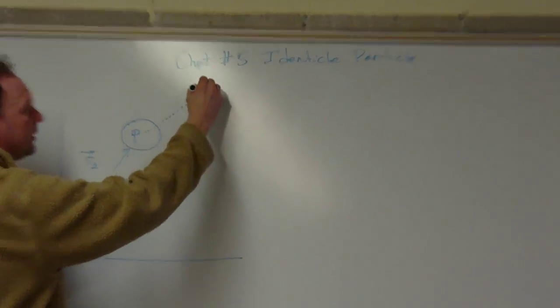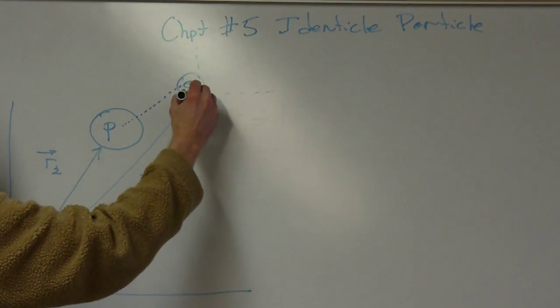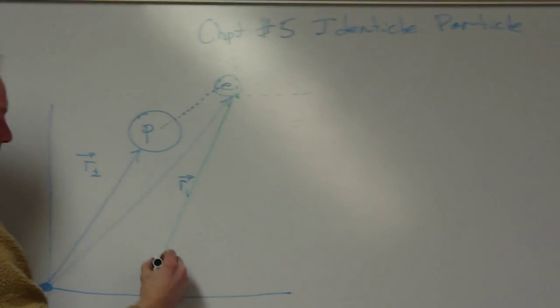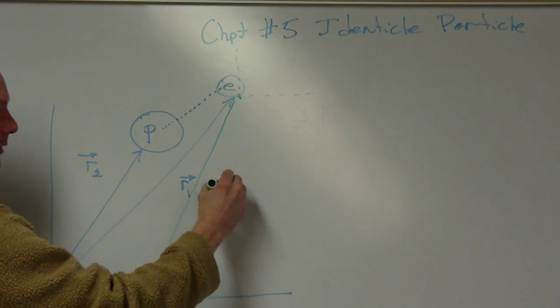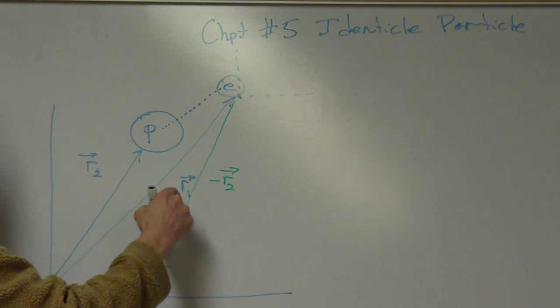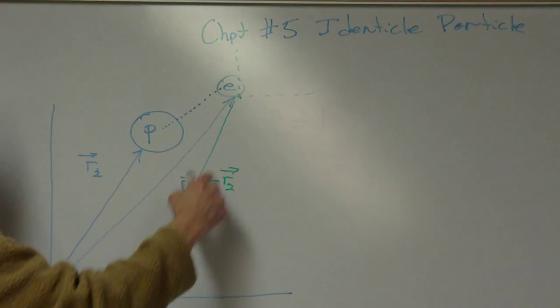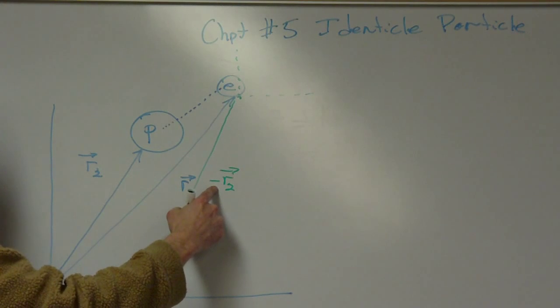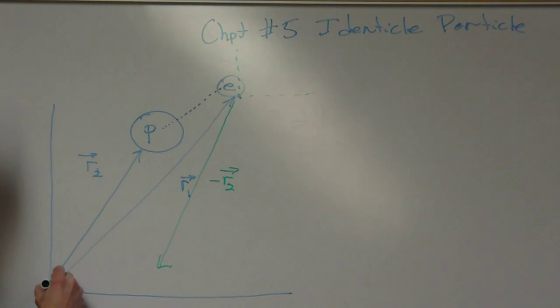If I go R1, and then to its tip I add the tail of R2, but I go minus, it'll go like this. This is minus R2. This is R1, then this is minus R2. Then the resultant vector goes from here to here, so this is R1 minus R2.